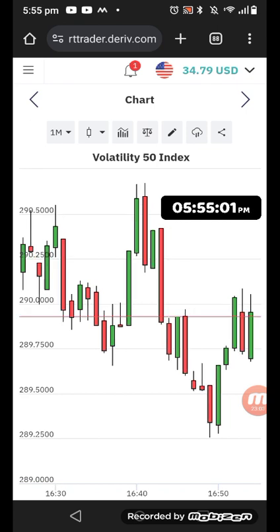I thought it was only for this 50 index that I was trading, but it's not only for this 50 index. It cuts across other indices as well. Probably it must be a technical glitch, because it was not there before. It must be a technical error coming from that end.